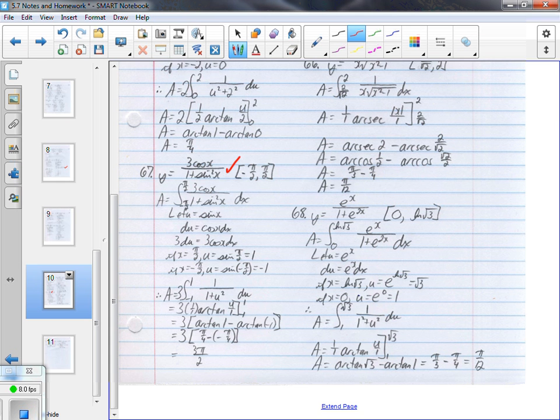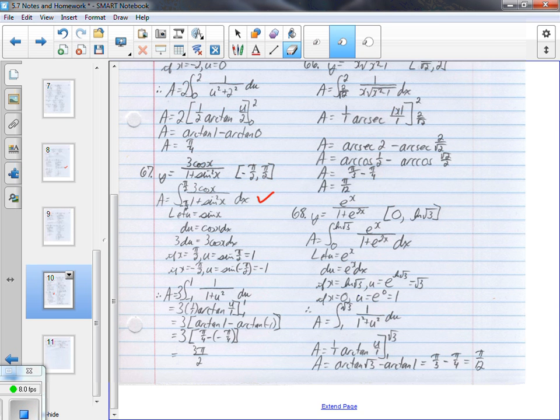And then by inspecting the graph, I get the left end point of negative pi over 2 and the right end point of pi over 2. So the area is going to be the integral from negative pi over 2 to pi over 2 of 3 cosine of x over 1 plus sine squared of x dx. With me on getting the right definite integral?